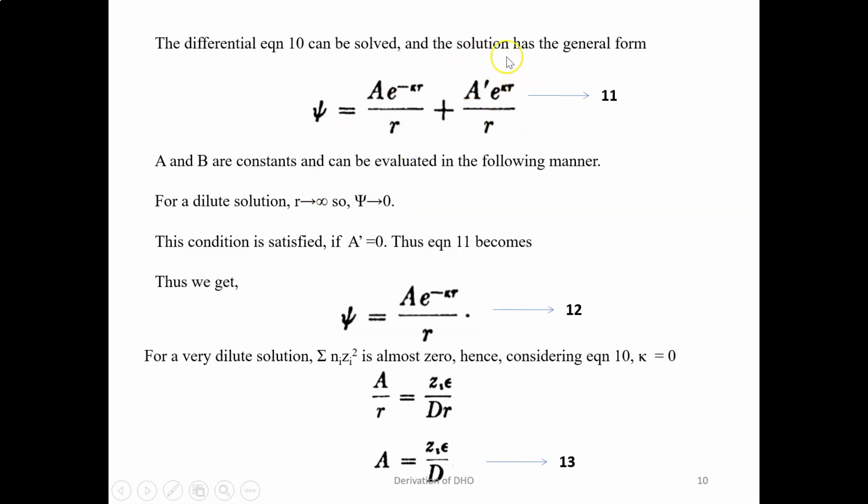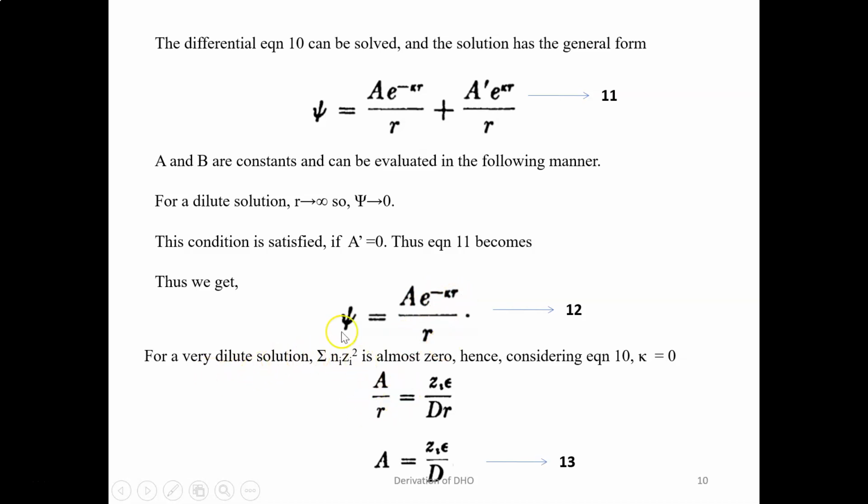Unless this term is 0, we cannot say this condition would be satisfied. So, for getting the correct observation, we consider A dash to be equal to 0, and thus the equation becomes psi is equal to A e raised to minus kappa r divided by r.